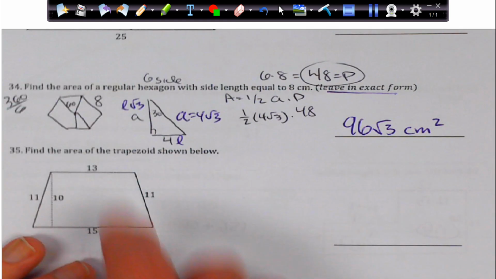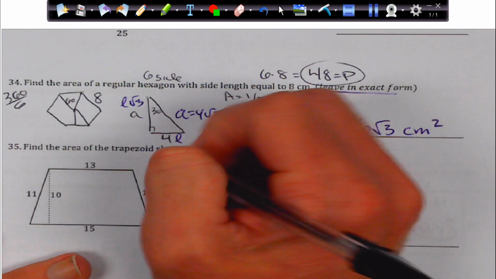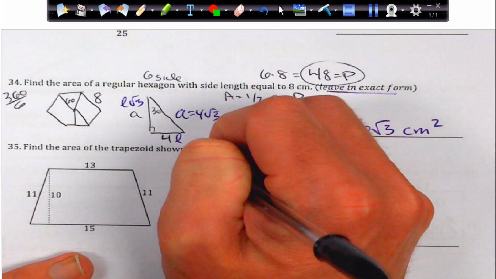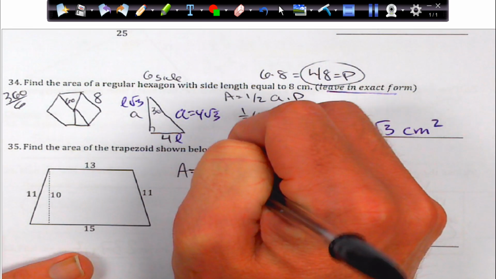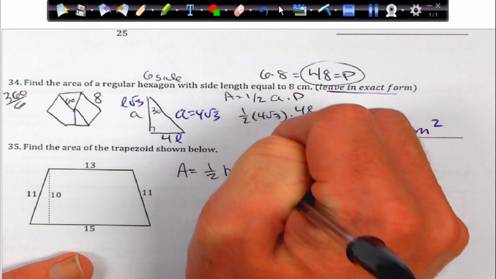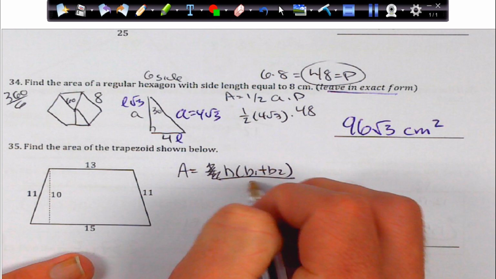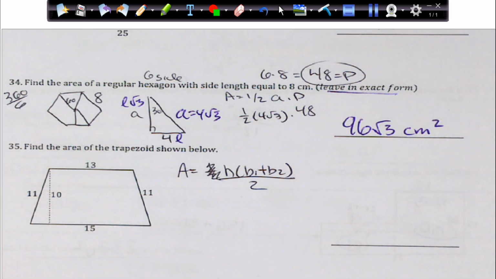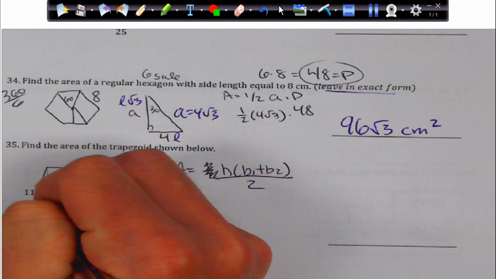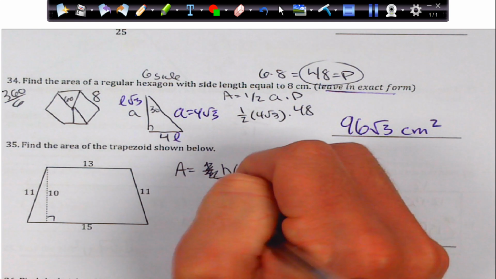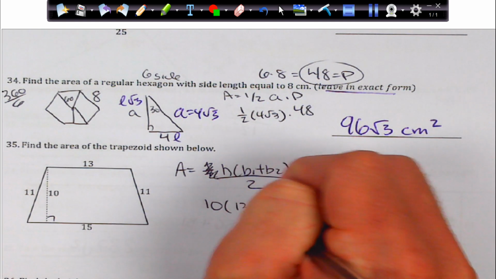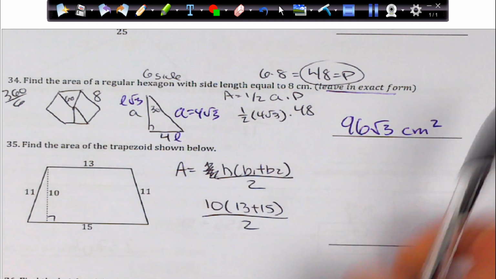All right, trapezoid formula. Here we go. Area equals 1/2 the height times base 1 plus base 2. Sometimes I'll write the whole thing divided by 2 instead of 1/2. It's the same thing. So height here is going to be this 90-degree piece, which is 10, base 1 and base 2, 13 plus 15, and then divide by 2.